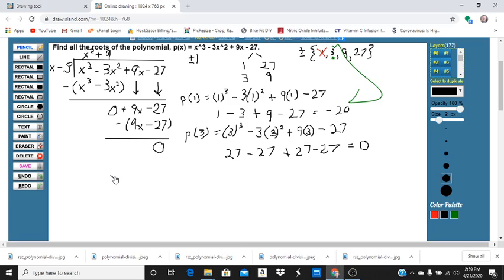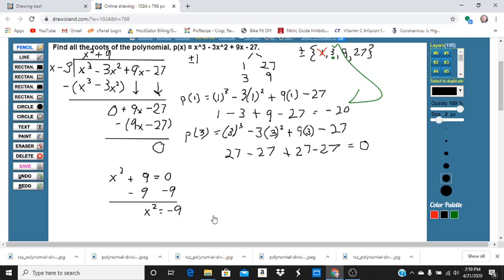Now, if we want to solve for the remaining roots, we're going to set x squared plus 9 equal to 0. We subtract 9 from both sides, and we get x squared equals negative 9.